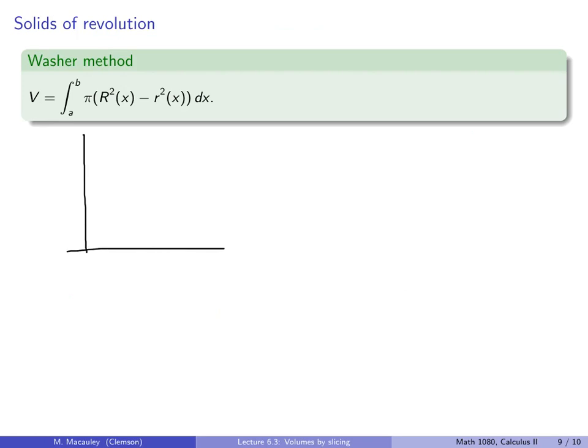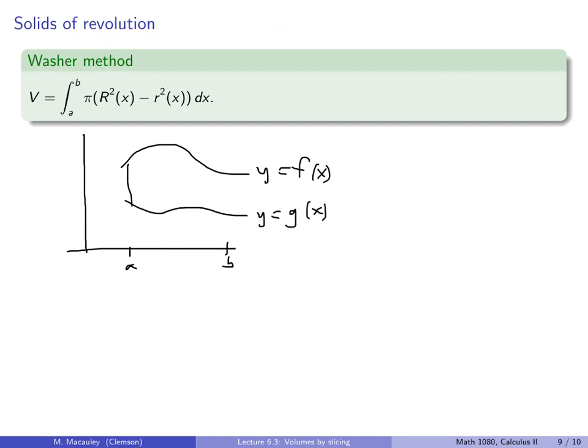So let's suppose we have two functions, y equals f of x on top, and suppose we have a bottom function, something like this, y equals g of x, and we want, between a and b, to take the area between these curves, so this region here, and we want to rotate this about the x-axis. X-axis is, of course, here.